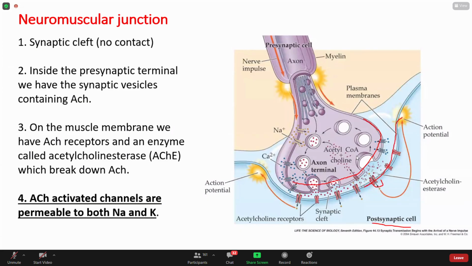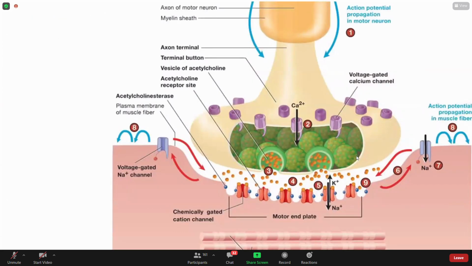So any volunteer here to explain what will happen after depolarization of the presynaptic terminal? It would open up the voltage-gated calcium channel. Very good. And then it would bind to the proteins in the vesicles. Okay, very good. Making it fuse to the presynaptic membrane.